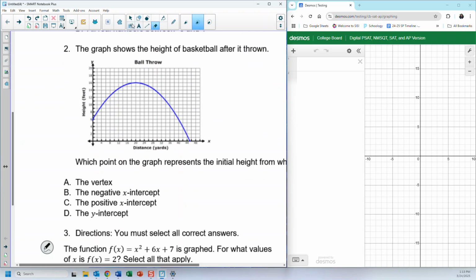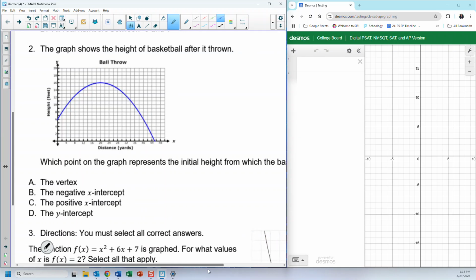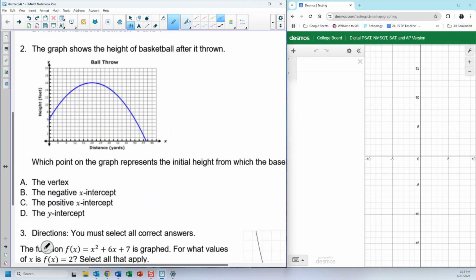Number 2, the graph shows the height of a basketball after it is thrown. Okay, which point on the graph represents the initial height? So here is the vocabulary word for this. Let me go ahead and highlight it for us. Initial height.